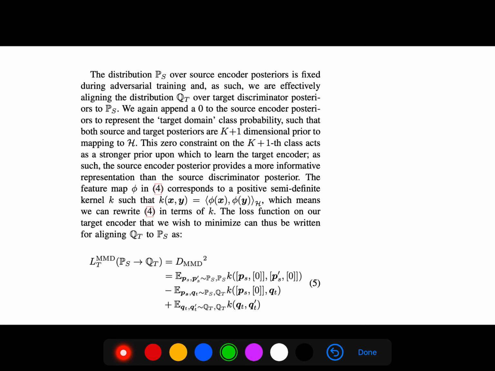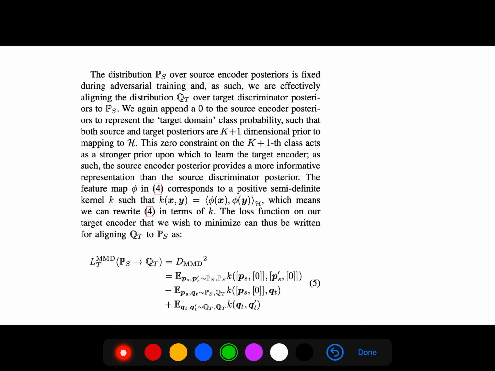And the distribution P sub S over source encoder posteriors is fixed during adversarial training, and as such we are effectively aligning the distribution Q over target discriminator posteriors to P. We again append a 0 to the source encoder posteriors to represent the target domain class probability, such that both source and target posteriors are k+1 dimensional prior to mapping to H. This 0 constraint on the k+1th class acts as a strong prior upon which to learn the target encoder.